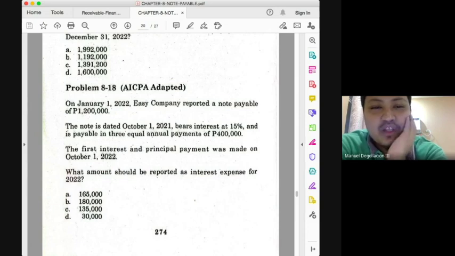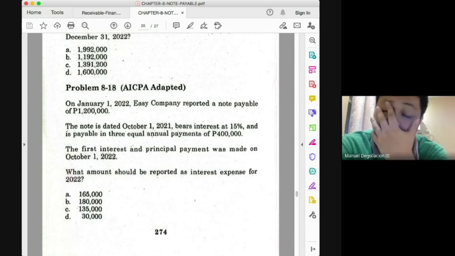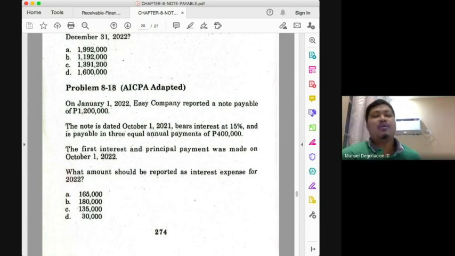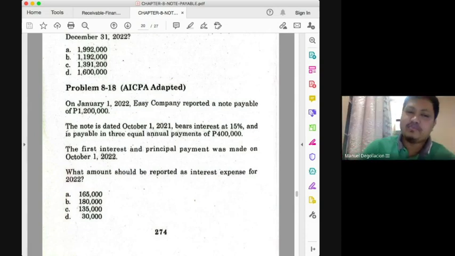So on January 1, 2022, obviously the balance of the notes payable is 1,200,000. And starting on January 1, 2022, it will be 1,200,000 that will be earning interest. But on October 1, it will not be 1,200,000 anymore that will be earning interest because there were payments on the principal already.